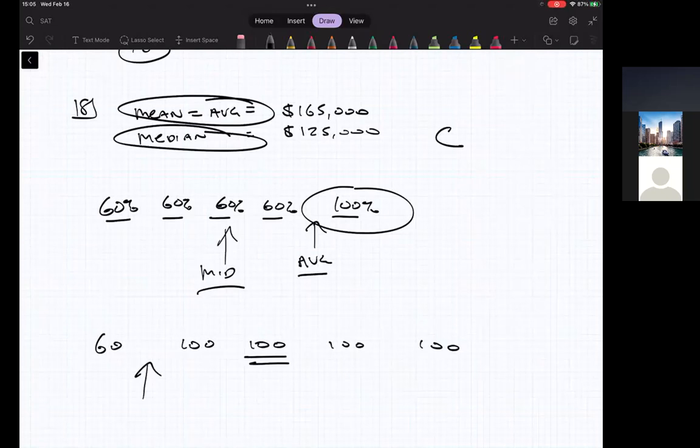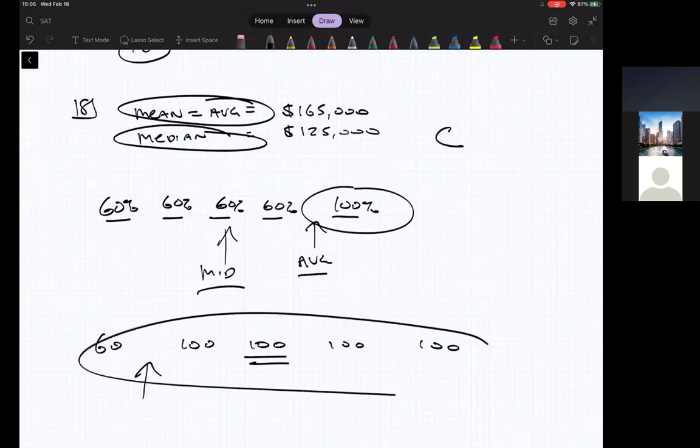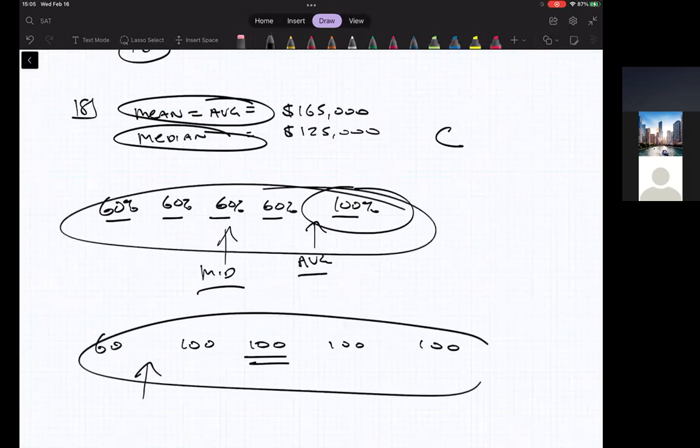Okay. If you ever are trying to figure out a situation, see if you can get it to something that makes total sense to you. Maybe home values make sense to you, but maybe something like grades, which you guys value so much, will make a little bit more sense, okay? And hopefully, if this didn't make sense before, now it does.